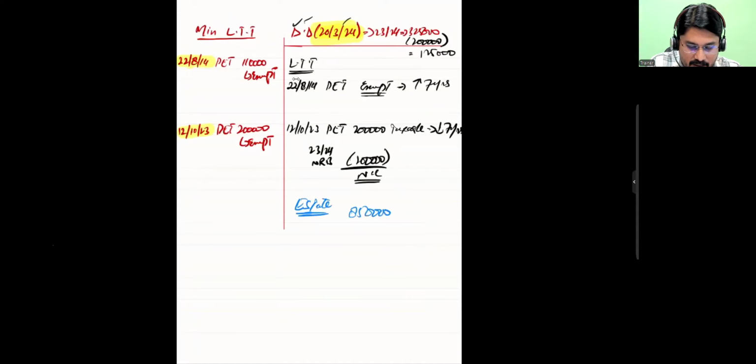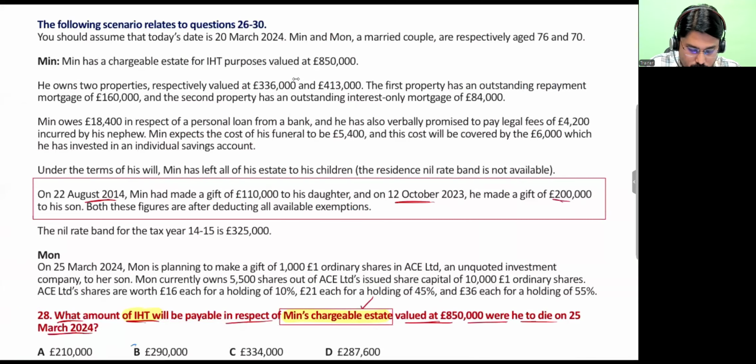From the estate, the remaining nil rate band of 125,000 can be deducted, and the difference is 725,000. Death estate tax is always calculated at 40%, so 290,000 is the value of IHT. So 290,000, B, is the correct answer.